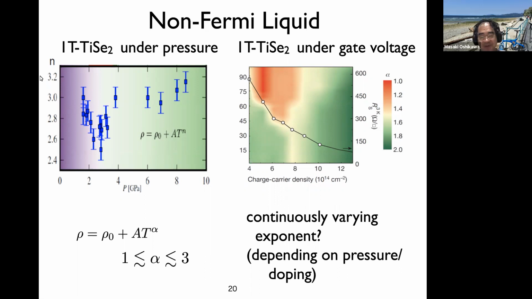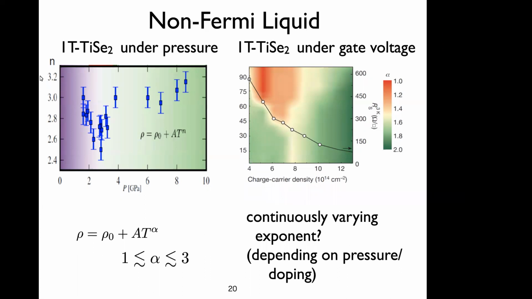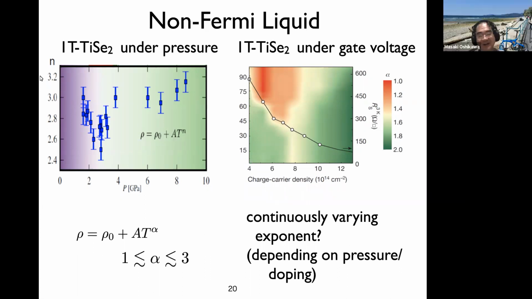Okay. So at this point this is just our motivation. I'm not going to really explain this quantitatively, but I want to propose one possible scenario to produce this kind of non-Fermi liquid behavior.